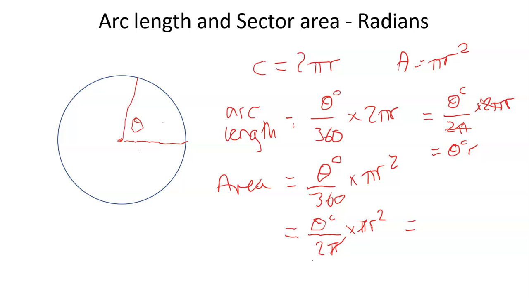So the area formula in radians is half the angle, so we've got the half there, in radians, times the radius squared. So it's not quite as straightforward as the arc length, but the pi isn't there because the pi is incorporated in the angle itself. Yeah, the measure of the angle includes that value of pi built in from the radians.